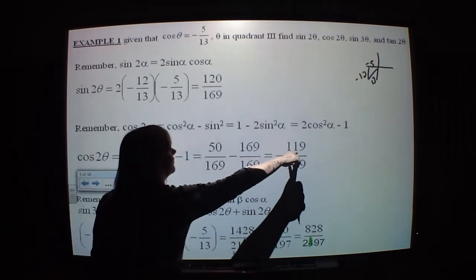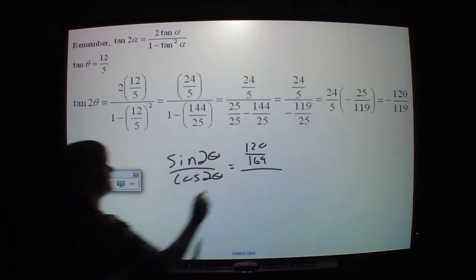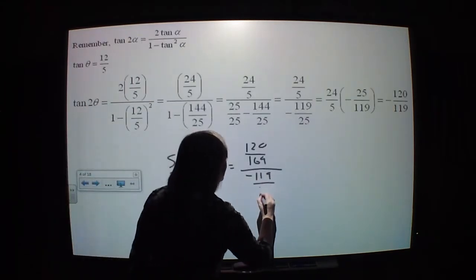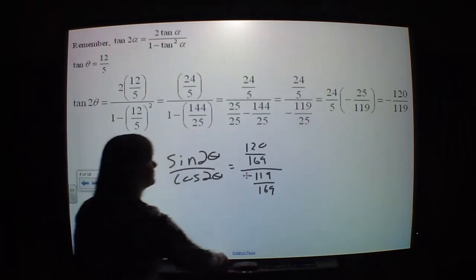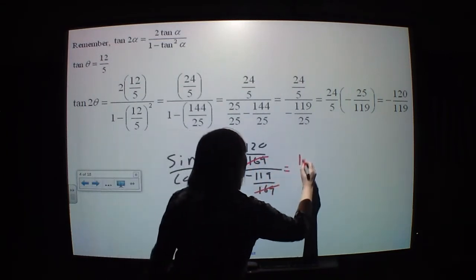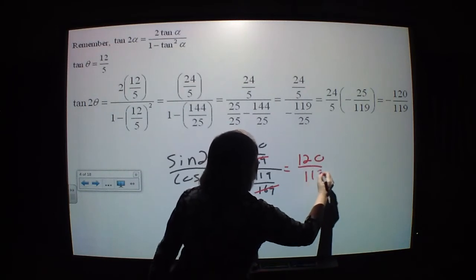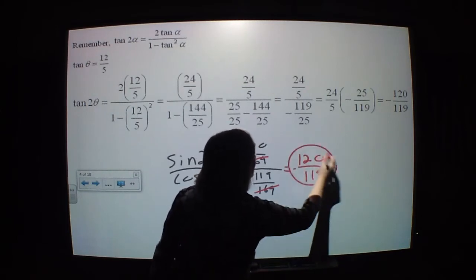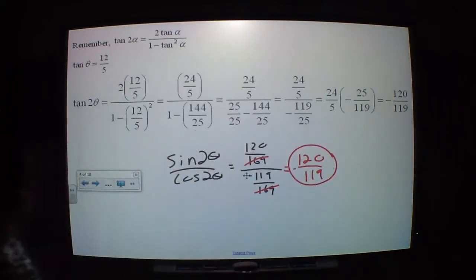Cosine, negative 119 over 169. The 169s cancel, and I have 120 over 119, and it's negative. That's the fast way to do it. And that's probably how I would do it. I probably wouldn't use the formula, since I already did the sine and cosine of 2 theta.